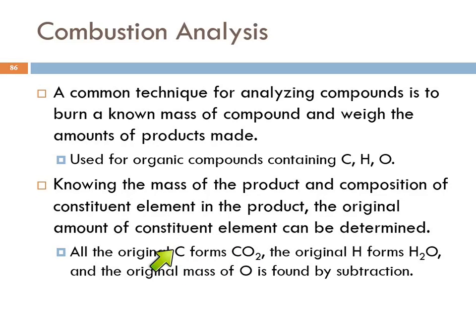So all of the original carbon in the compound goes into carbon dioxide, and all the original hydrogen goes into H2O. Now, you can't measure directly the amount of oxygen originally in the compound, but you know the original mass. So if you subtract the carbon and the hydrogen, you can find the mass of oxygen.